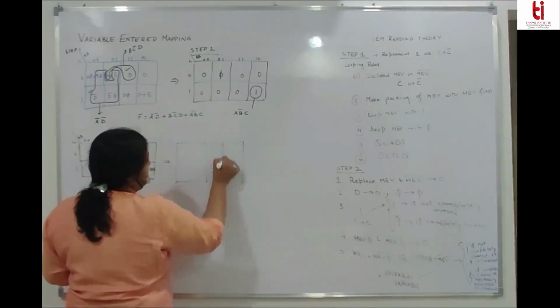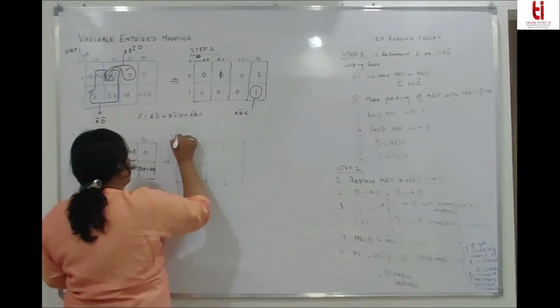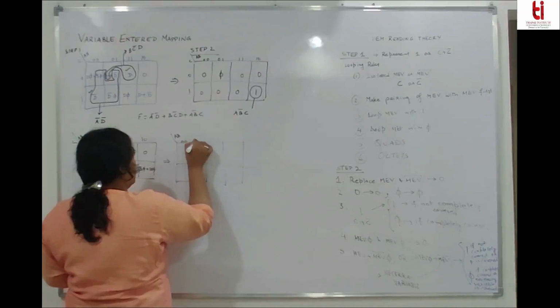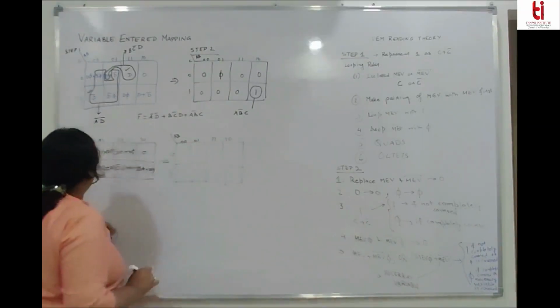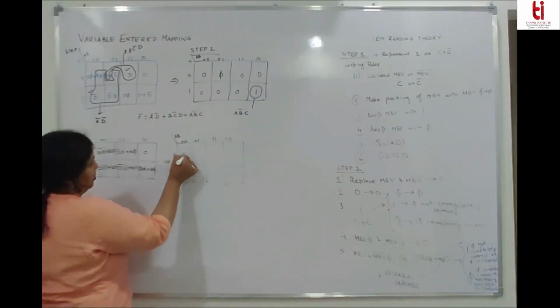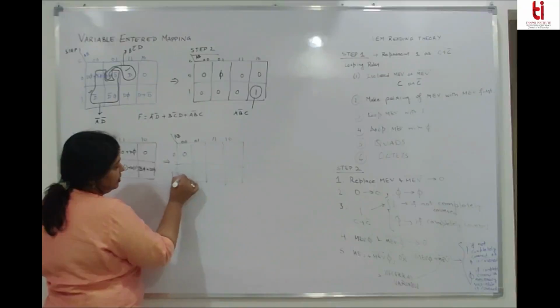This is the first step only. I want to write it properly. This is 0, this is 1, so 1 can be written as D plus D bar.